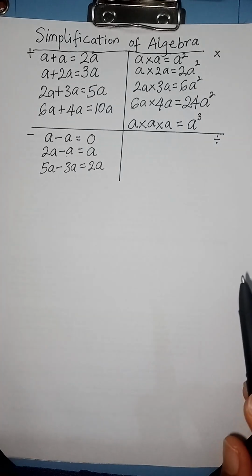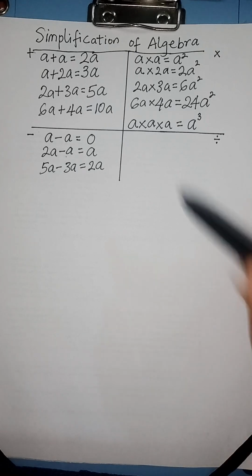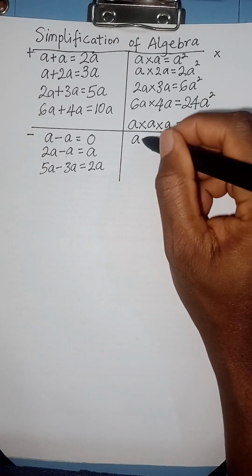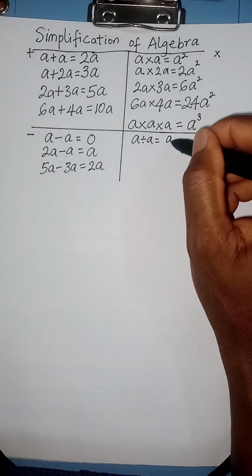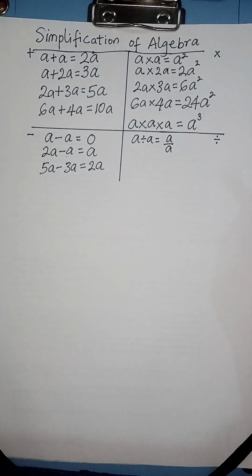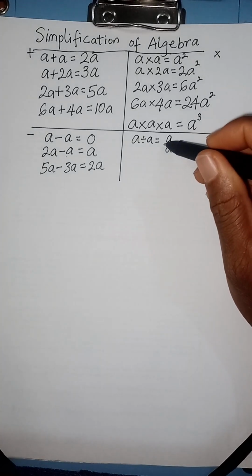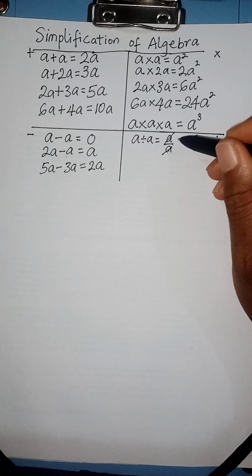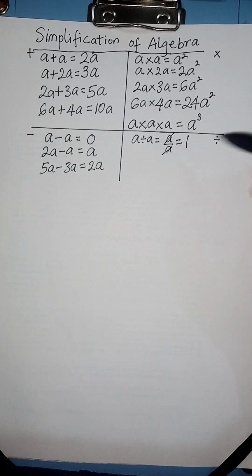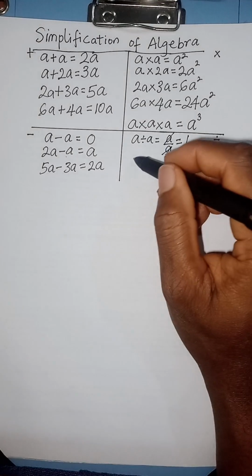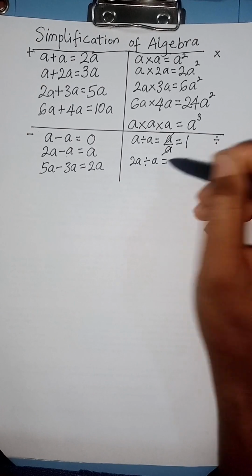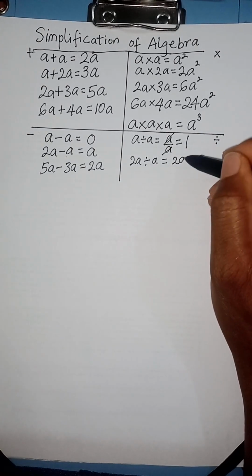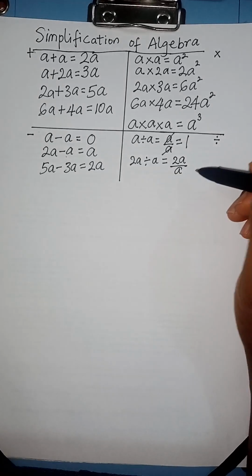Now let's move over to division. If I have a divide a, this is the same thing as a over a. And so a can divide a to be equal to 1. If I have 2a divide a, this is the same thing as 2a over a.